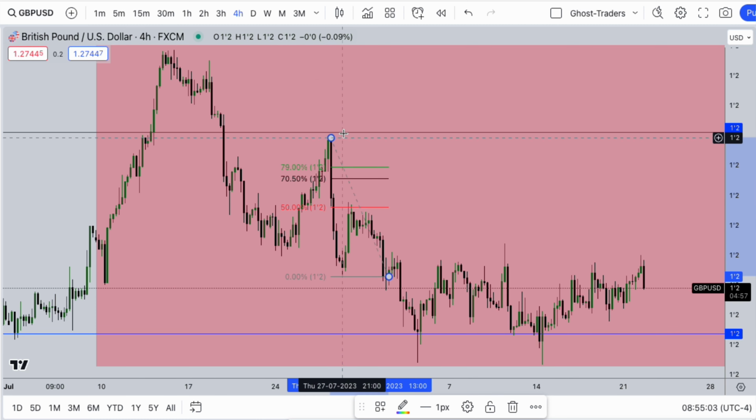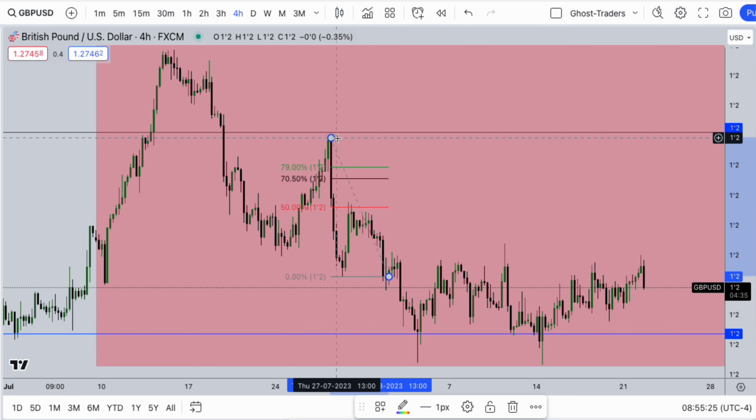It doesn't take out this one, it takes this out here, and then we have a fair value gap here. This fair value gap is a little bit above the 50%. So price gets to above this 50% here, so you can take this trade here, and this is the candle that is responsible for this fair value gap here.